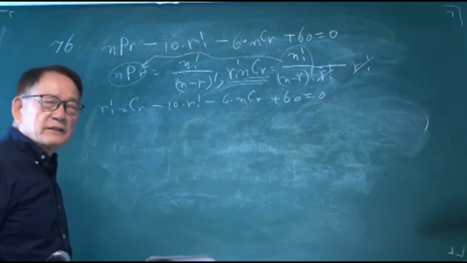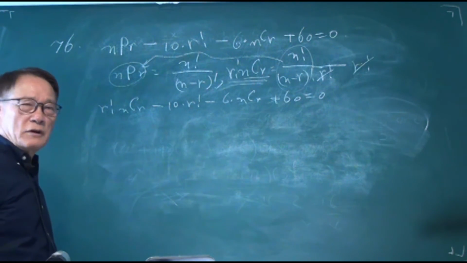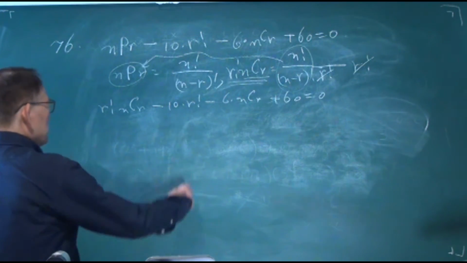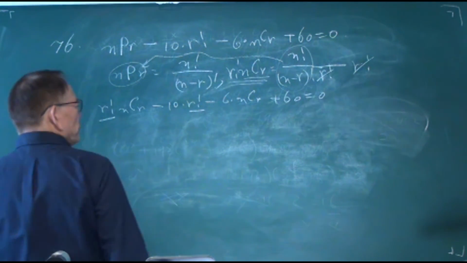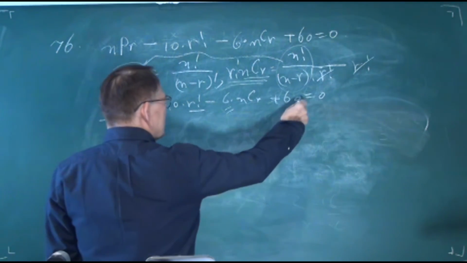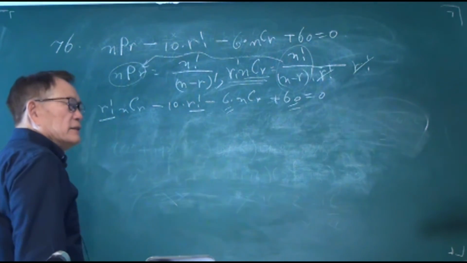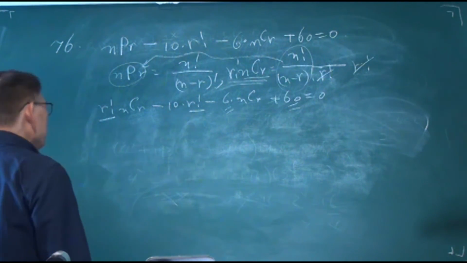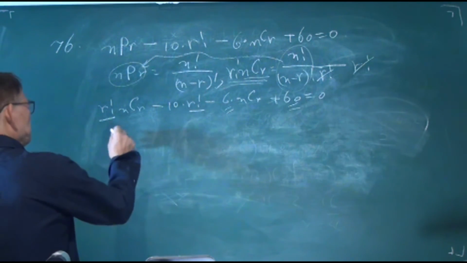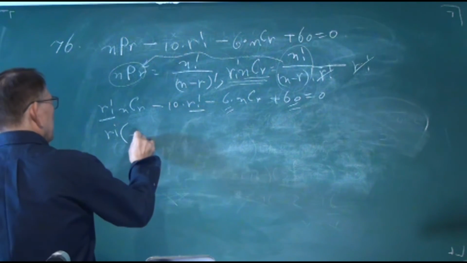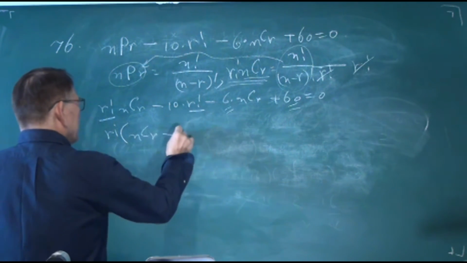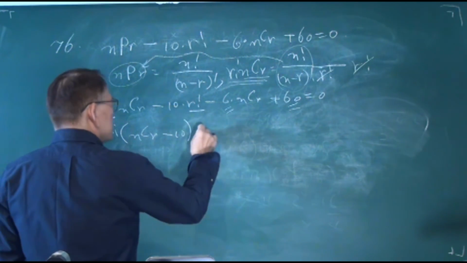Now we see it is a little closer, right? We have r factorial here, and here we have a 6 and 6 times 10, so we have a common factor. So we take out r factorial, then nCr minus 10.